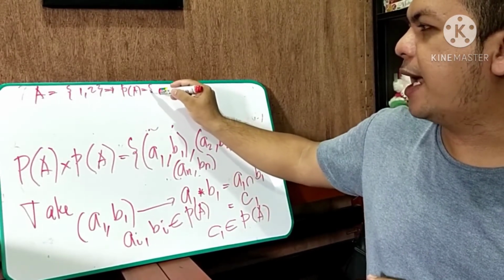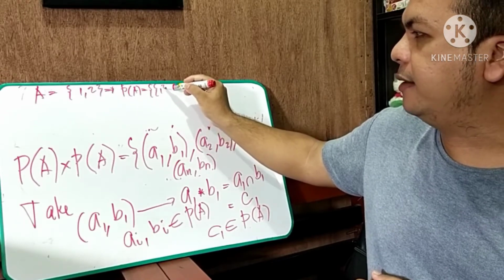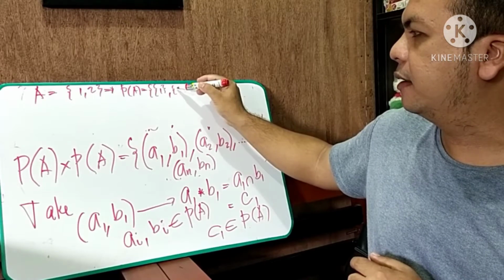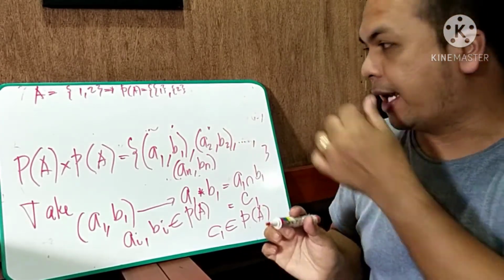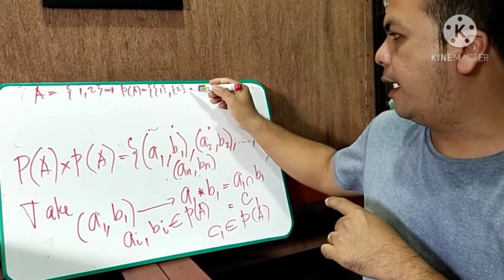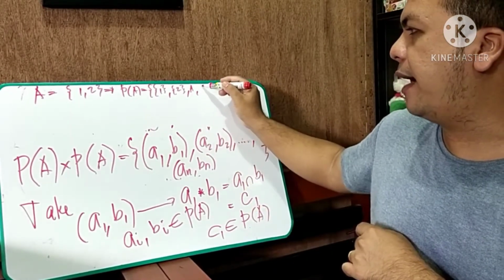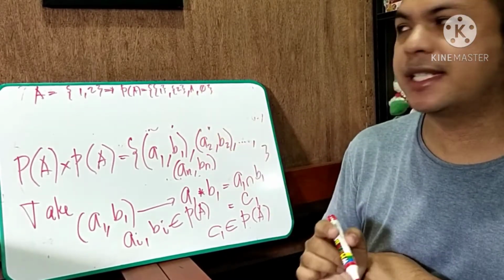So, mag-start tayo sa set containing 1, mga subsets niya, no? Then we have the set containing 2. Ito yung mga 1 element subsets ng A. Then, of course, A itself. Then, we have the empty set.